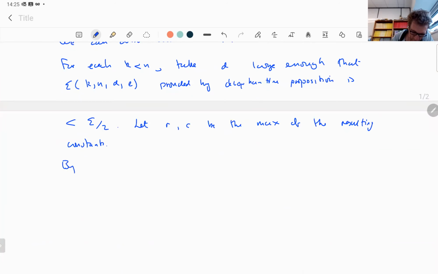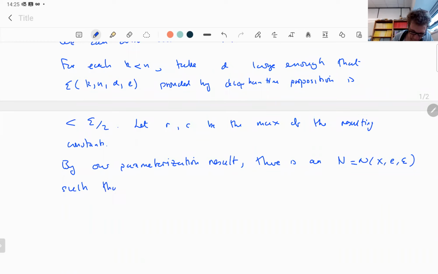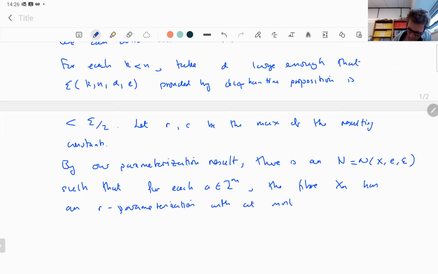So by our parameterization result, there is an n, so it depends on X, e, and epsilon, such that for each a, the fiber x_a has an r parameterization with at most n maps.